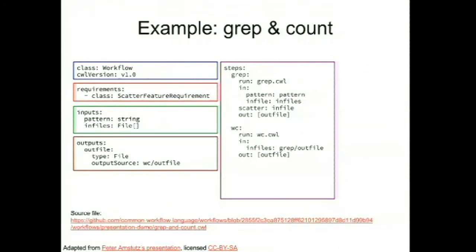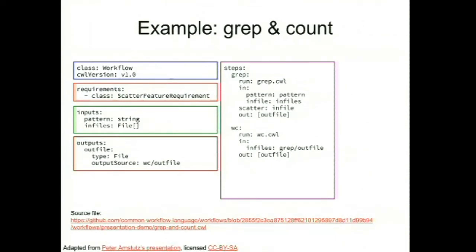Before, we had class command line tool, now we have class workflow. Just like the command line tool, we'll have inputs and outputs. These inputs and outputs aren't very creatively named like the last one. They're just pattern and files. So this is a string and an array of files, with a single output.